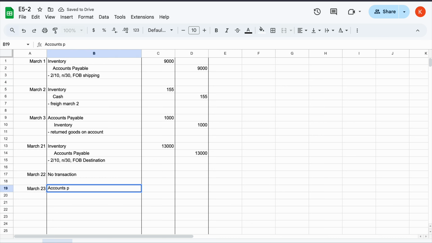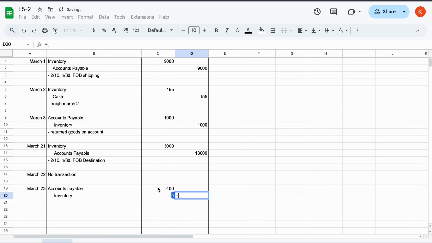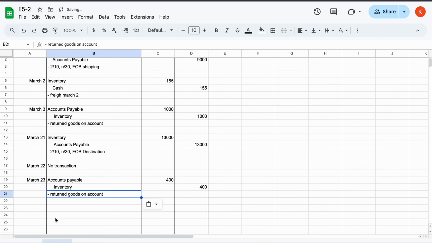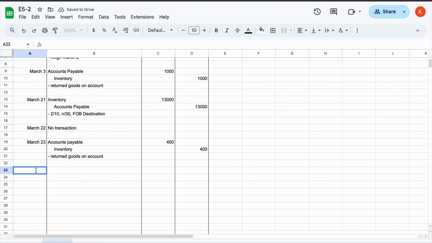So accounts payable, and then inventory. The amount for this, looking at the question, is 400. And our description, I'm just going to copy and paste from the question above. It'll be the exact same.